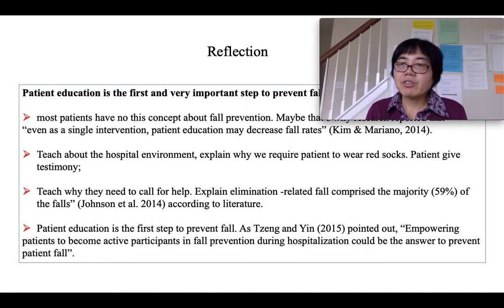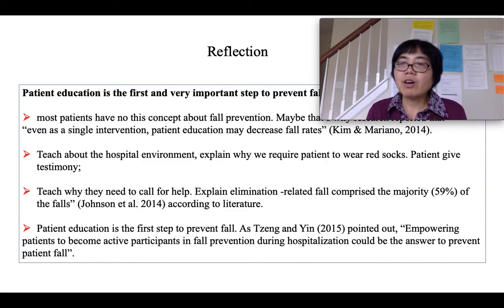Because they have a very short hospital stay, they have no time to learn this concept. Maybe that's why research found that even as a single intervention, patient education may decrease fall rates.